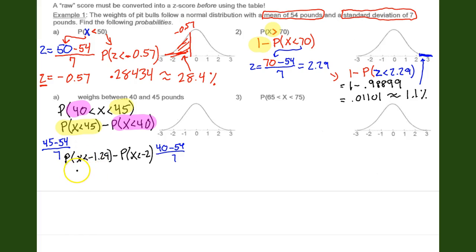All right, so just look up each one of these. Negative 1.29 comes out to, I have it here, 0.09853. And for less than negative 2 would be 0.02275.